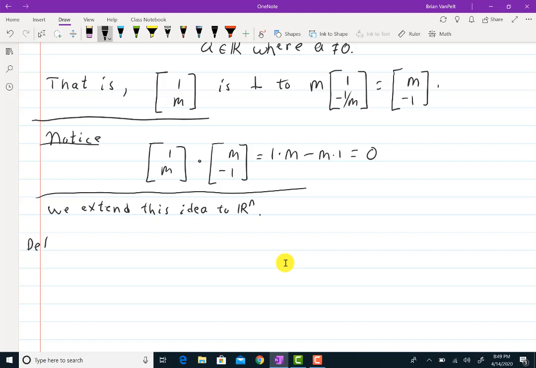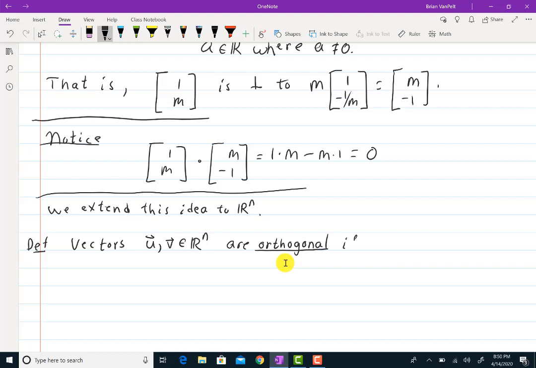Definition: vectors u and v in Rn. Now, unfortunately, they don't use the word perpendicular, but they do use this word, are orthogonal. And if you want to think of the word as perpendicular, that's fine.